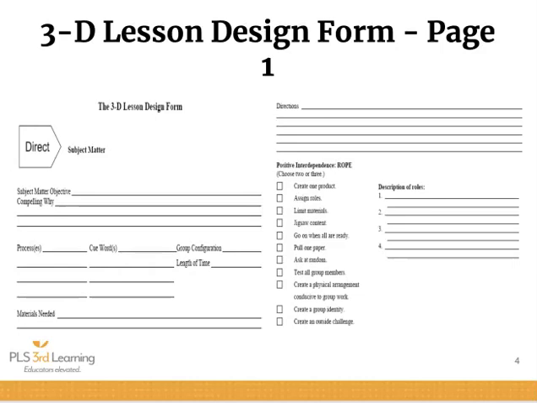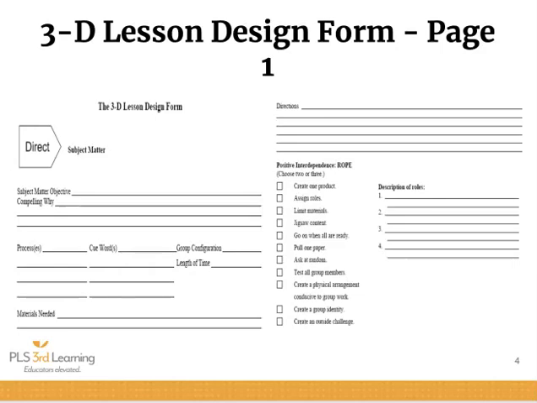This 3D model template is one you will be using to design your 3D lessons. I will be teaching you in detail how to plan your 3D lessons and where to fill in all the 3D components on this form. Let's look over the form quickly so that you can see all the parts that are here. On the first page of the form, you are given room to write down the subject matter objectives and directions.